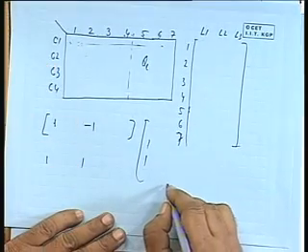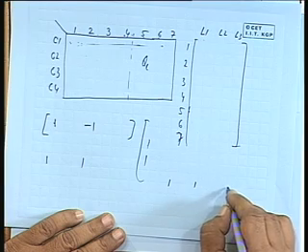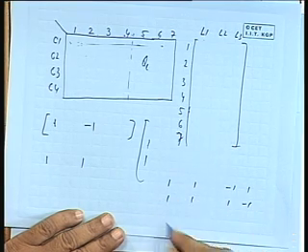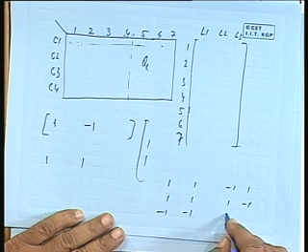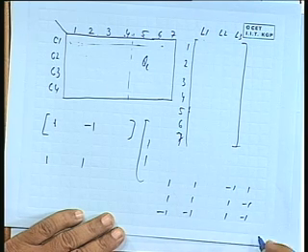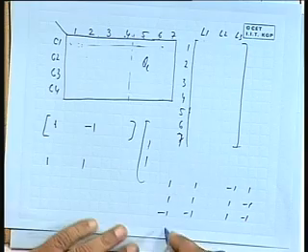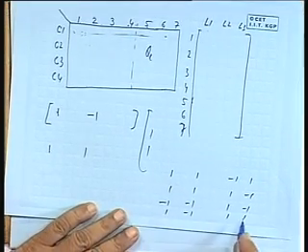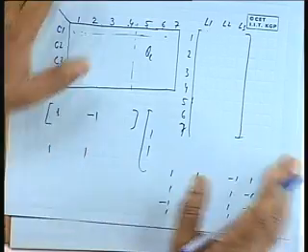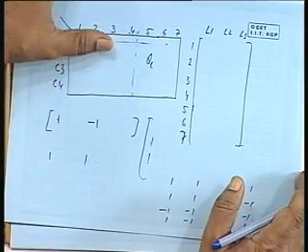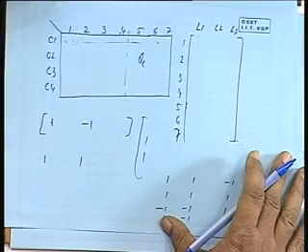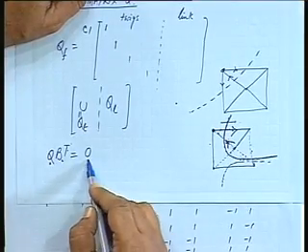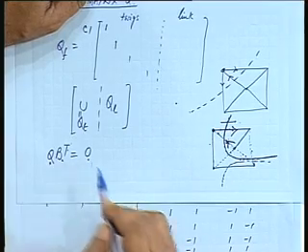So there are possible combinations 1 1, minus 1 1, 1 minus 1, minus 1 minus 1, and so on. This kind of combinations will be there, so that the final product sum is 0, okay. So Q into Bt is 0, alright.